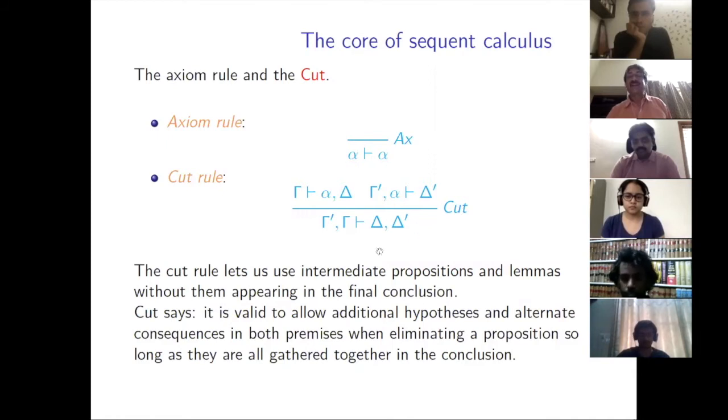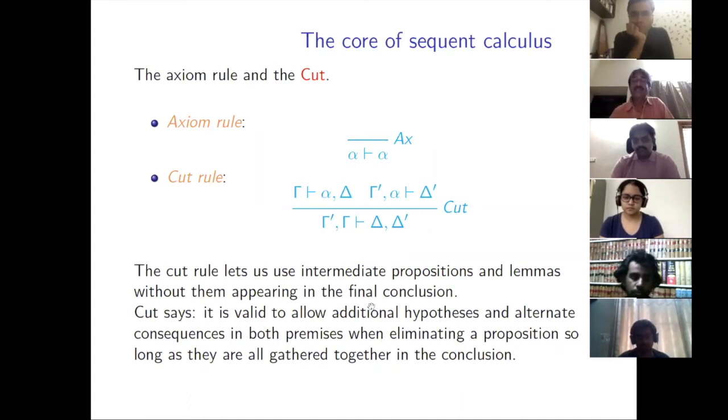Then you can get rid of the lemma in the proof. You make a claim, settle the claim, and then get rid of it. That's what it says. So it lets us use intermediate propositions and lemmas without them appearing in the final conclusion. In one context, I have derived alpha. In another context, I have assumed alpha and proved something. Combine the contexts and your proof is okay.